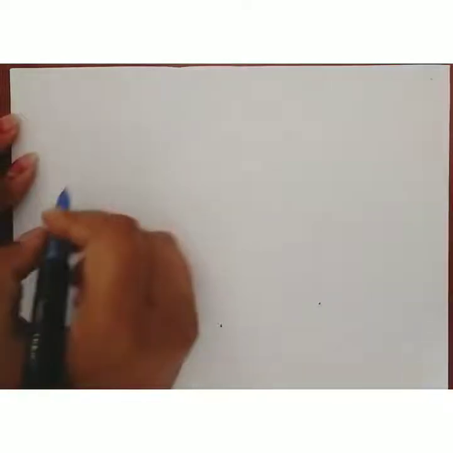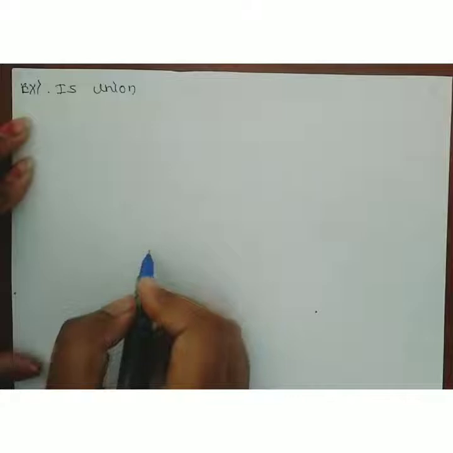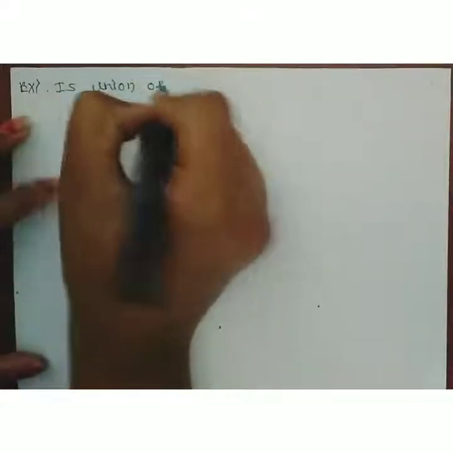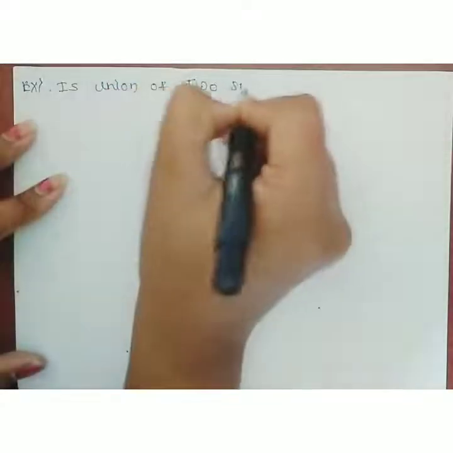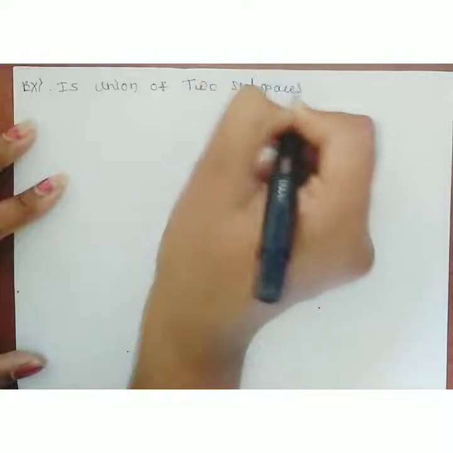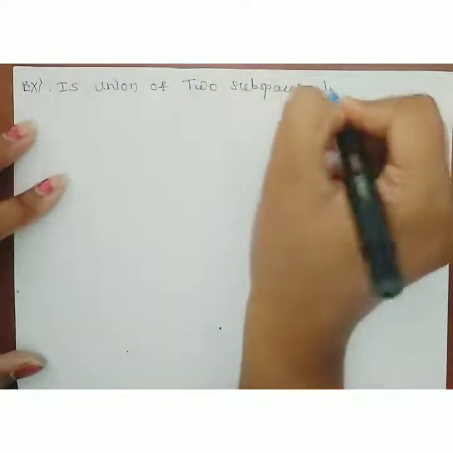Now the next is about the union. Example: is the union of two subspaces always a subspace?